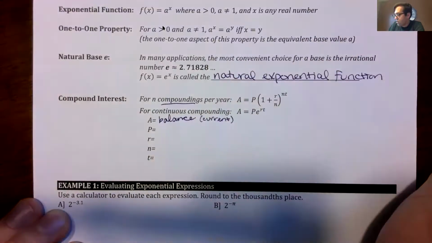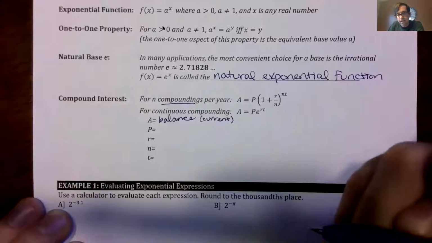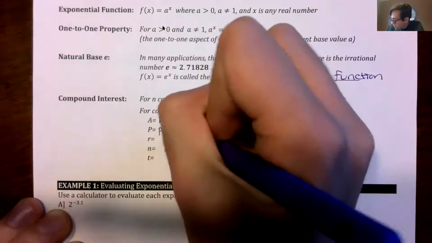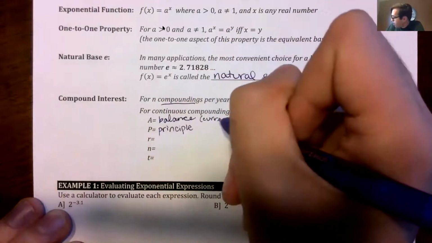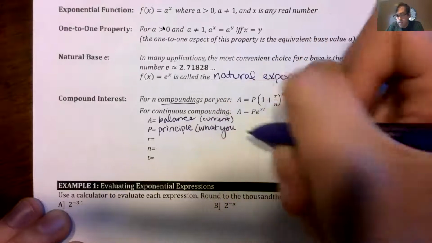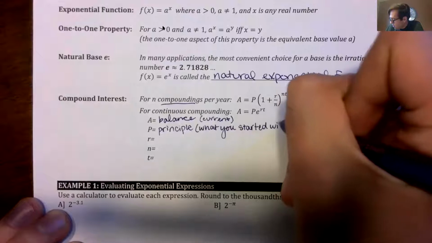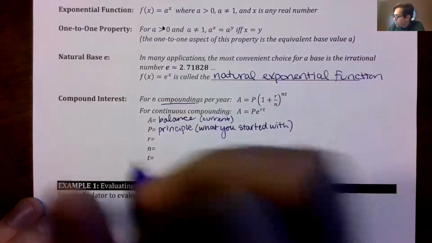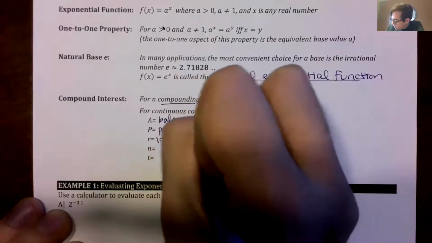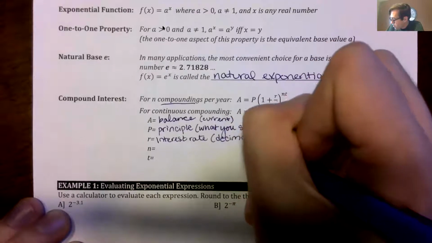In the account, or of your loan or whatever we're looking at here. P is the principal amount, and that means the amount of money that you started with. R is the interest rate, and that's in decimal form, not percent.